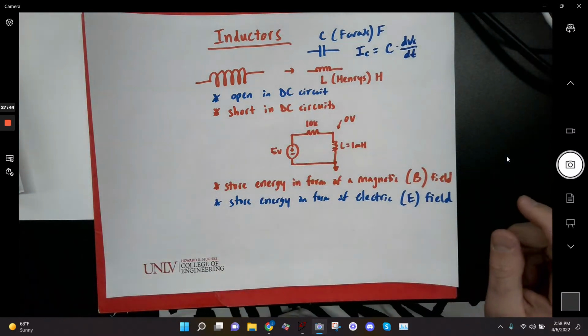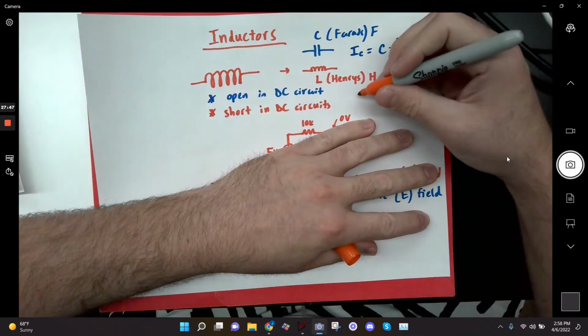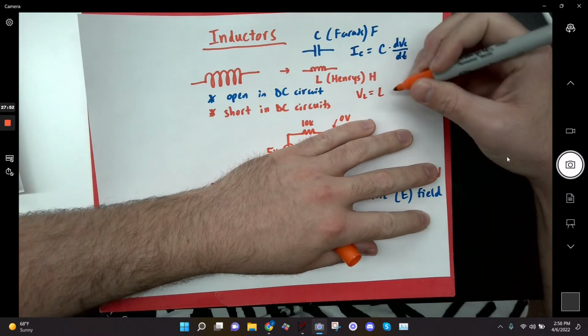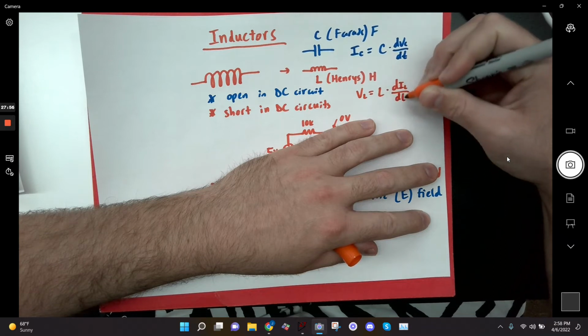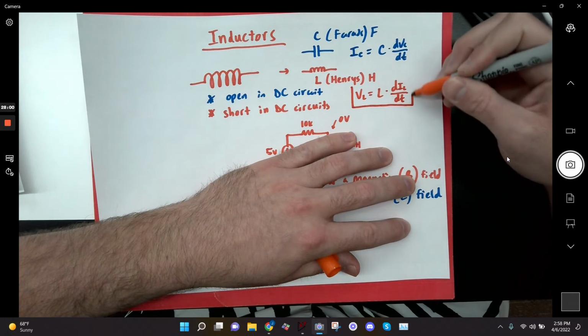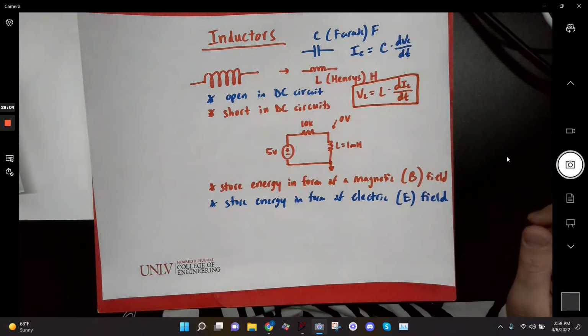Well, we have a similar but obviously different equation for inductors, where the voltage across an inductor is equal to the inductance times the rate of change of the current with respect to time. Okay, so those are both very important equations. They kind of give us an idea of how these components work.